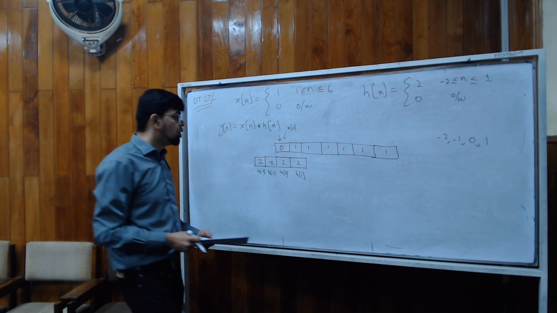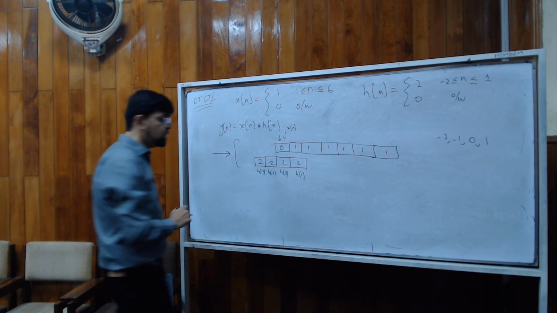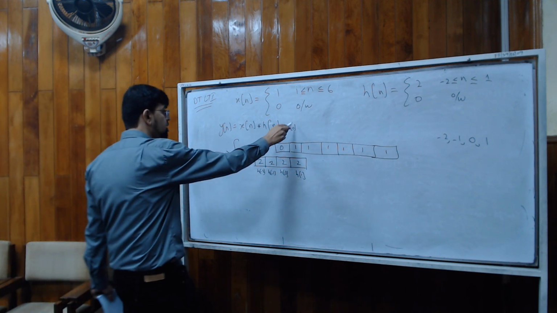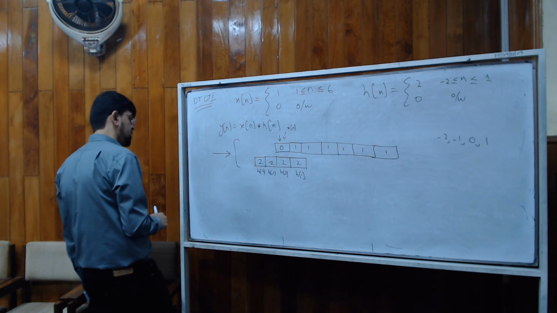Now what was the next step after that? Firstly, write them properly on a tape, aligning the zeros, aligning x0 with h0. Yeah, these two have to be aligned. After that, the first step was to flip one of them.